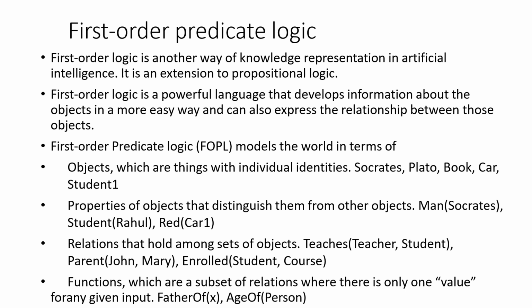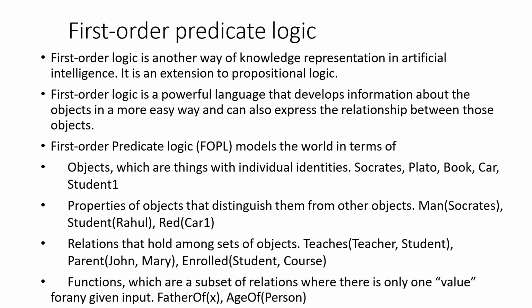Here, first order predicate logic models the world in terms of, first, objects. Objects are things with individual identities. For example, here you can see Socrates, Plato, book, student one. Each object represents a real world entity. Next is properties of objects, which we call predicates.